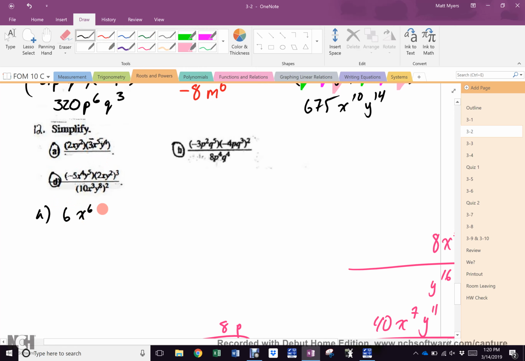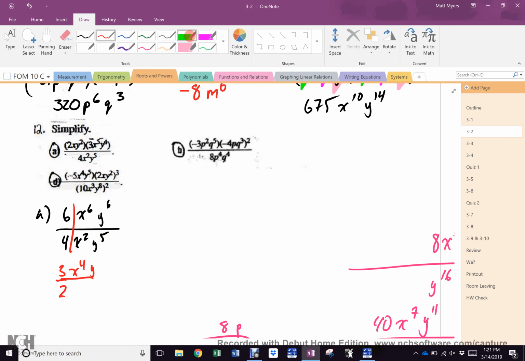Y squared times y to the 4th, y to the 6th. Over 4, x squared, y to the 5th. Numbers with numbers. 6 over 4 becomes 3 over 2. 6 and 2, x to the 4th. 6 minus 5, y to the 1. Do I write y to the 1? No.